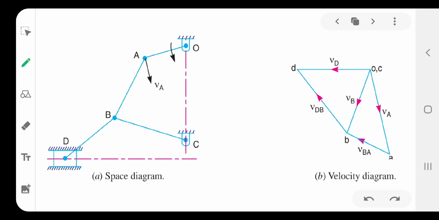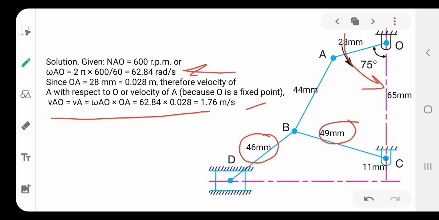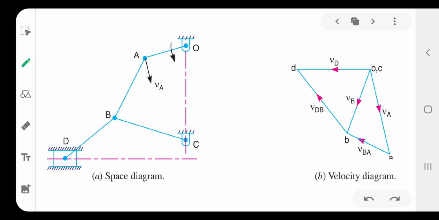After that take a distance BD, which is equal to 46 mm, in a compass and mark an arc of 46 from point B. Then take a distance of 11 mm from point C and draw a horizontal line, and the horizontal line and the arc intersect at point D. Note that point as D. This point D is our slider.